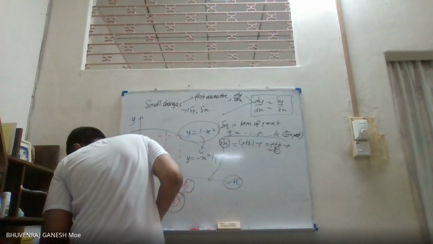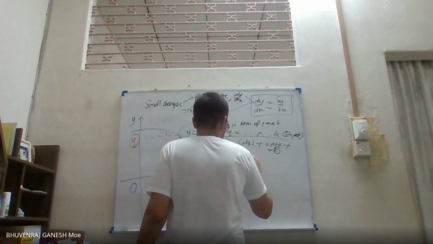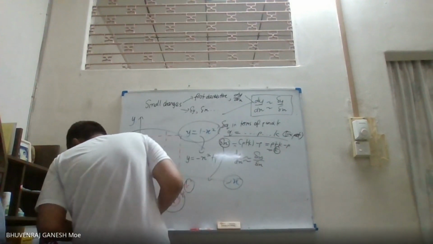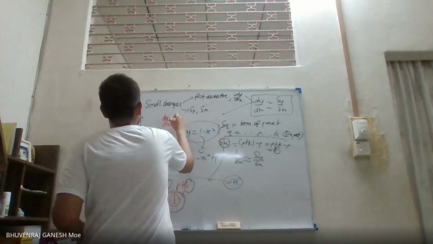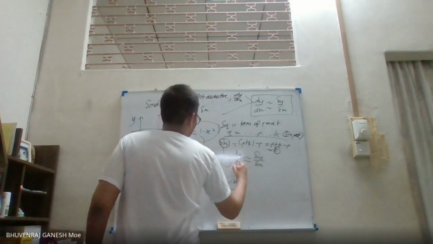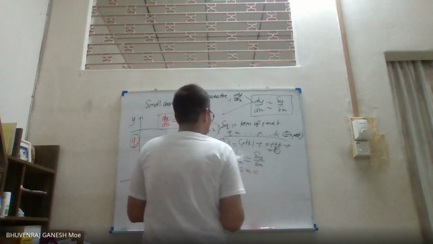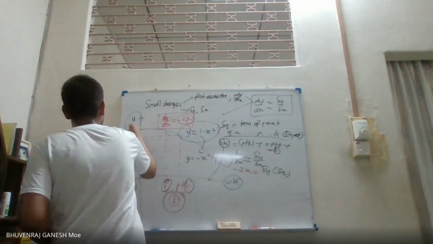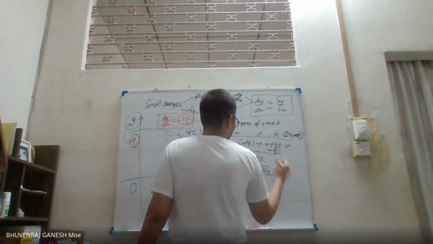And then you have to make the assumption that dy over dx is delta y over delta x. So now we can substitute the values. The earlier answer we got on top was dy over dx is negative 2x. So negative 2x equals delta y over delta x. Delta y is something like delta q, because q is on the y-axis, so they are related. And delta x we found out here, delta x is k.